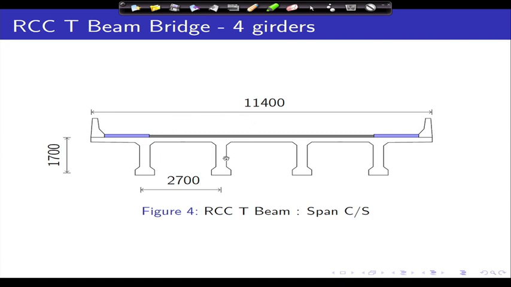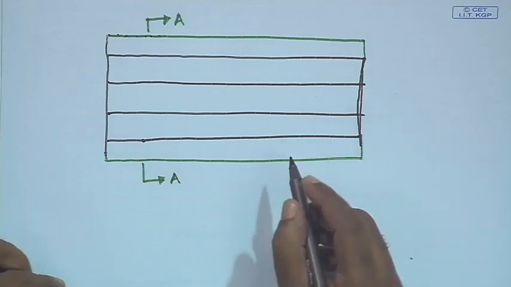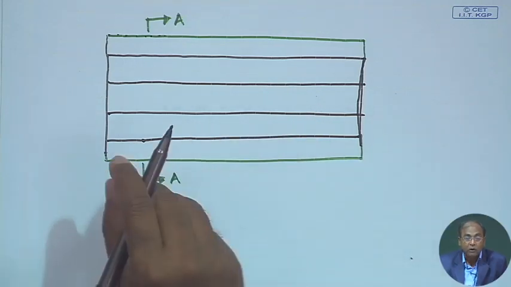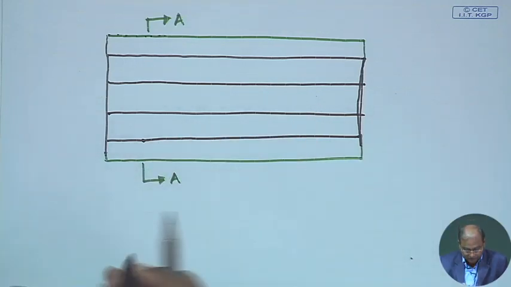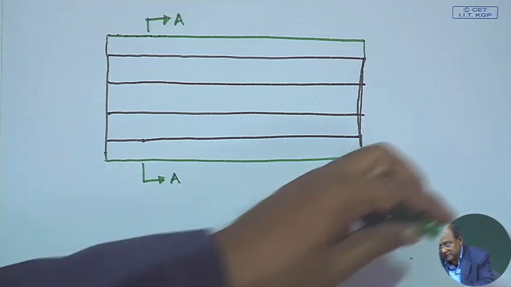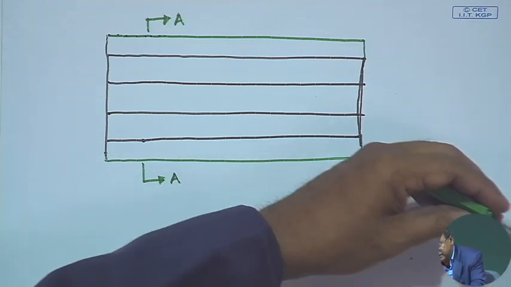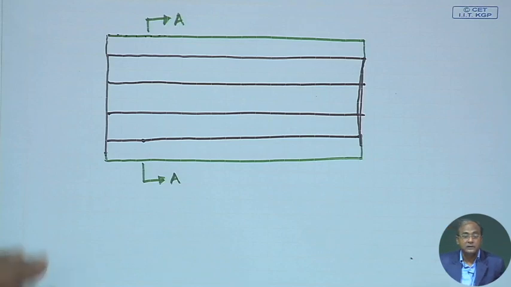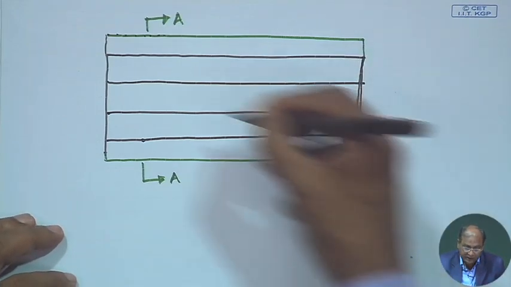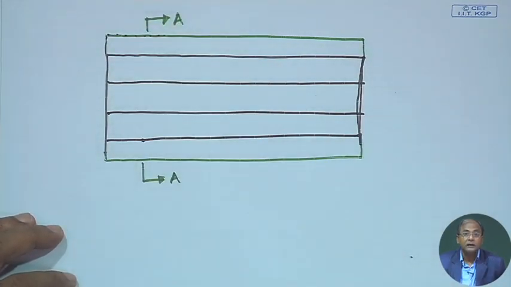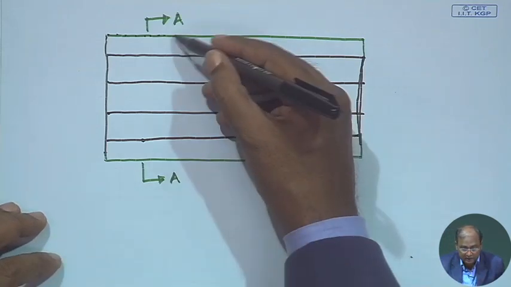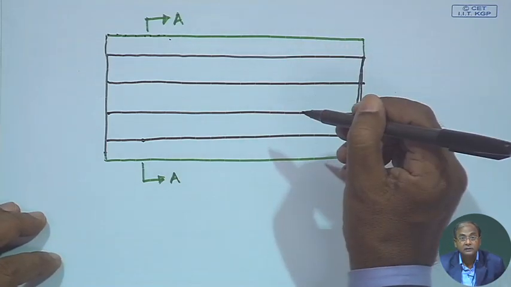Now, what I am trying to say in this particular figure is how many cross girders we shall provide. As I have told you, nowadays people are giving fewer cross girders, in the diaphragm only, but in earlier books you will find they have more number of cross girders.